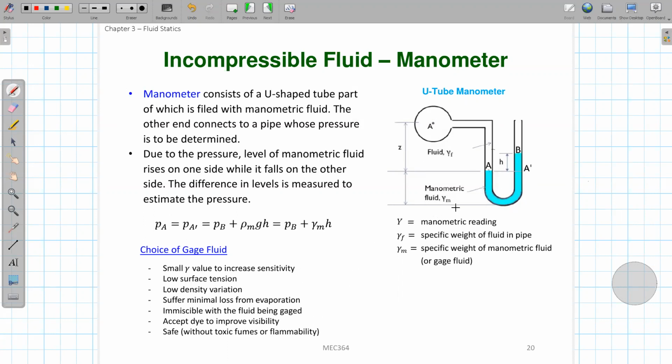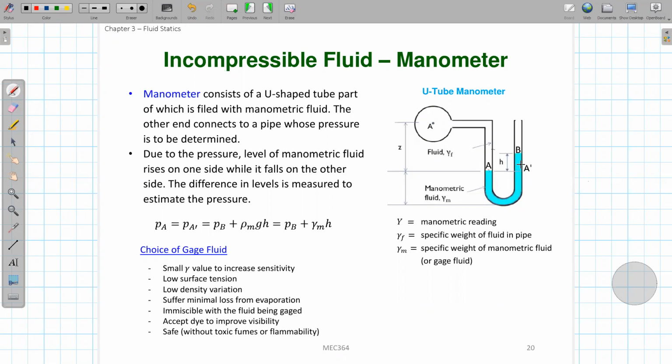The first important thing is that we want this value, specific gravity rho times g, to be small, so that a little change in pressure on this side results in a very large change of the depth on the B side. This helps us increase the sensitivity of the equipment.